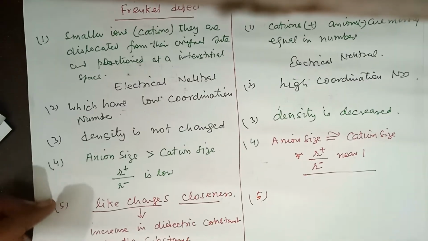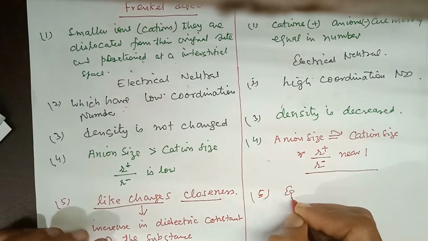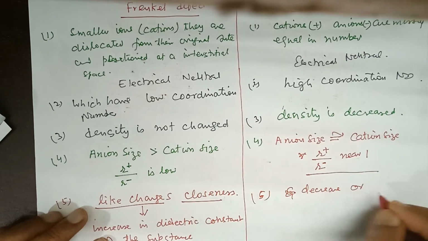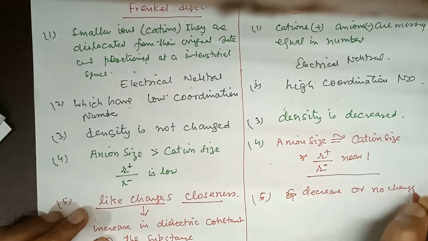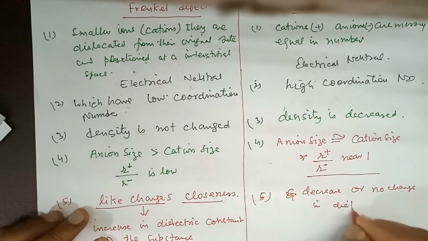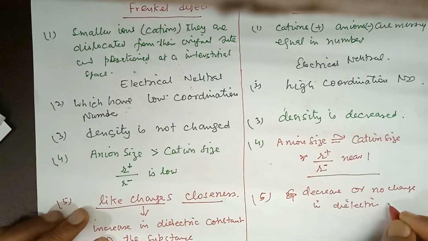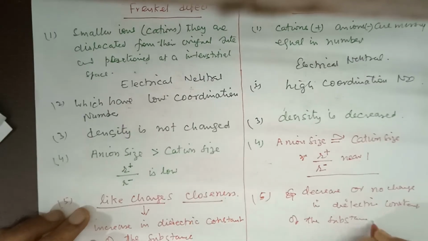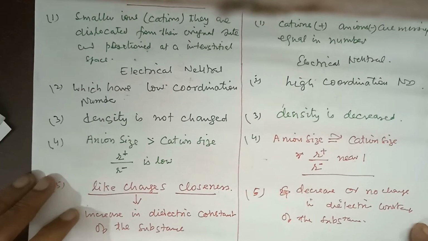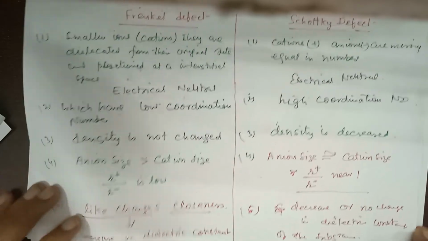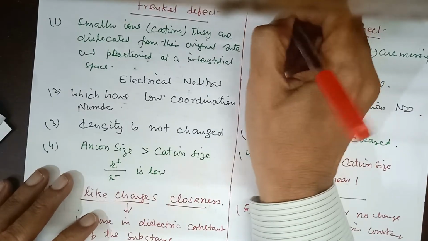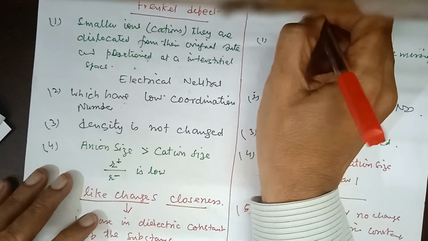So there is a decrease or no change in the dielectric constant of the substance. So these were the differences between the Frenkel defect and Schottky defect, which are present in ionic solids.